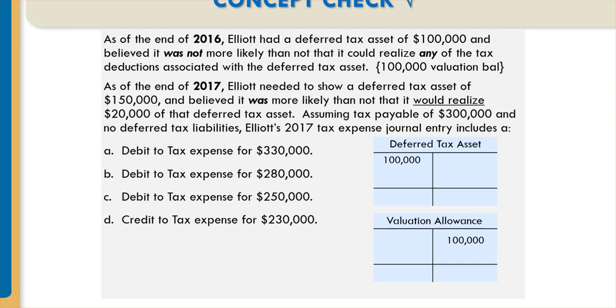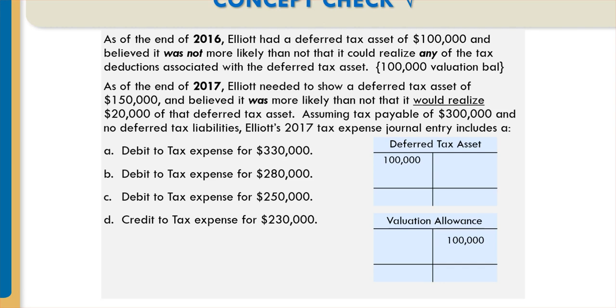Now we go on into 2017, and we need to show a deferred tax asset of 150, but we think our valuation allowance should be such that we only have 20,000 in the net value. So they're asking us how we adjust these balances, and they want us to combine all this into one journal entry. And so that's what they're asking for here.